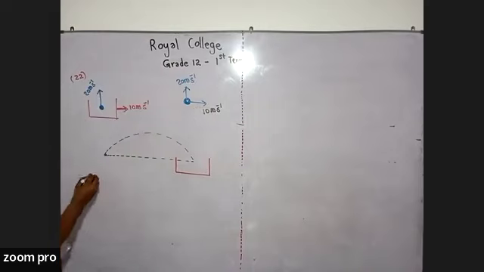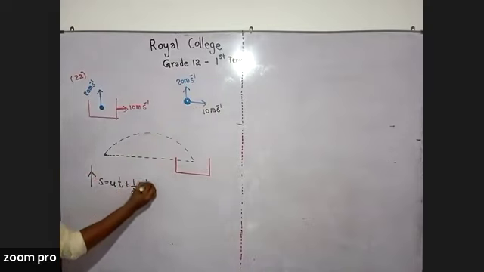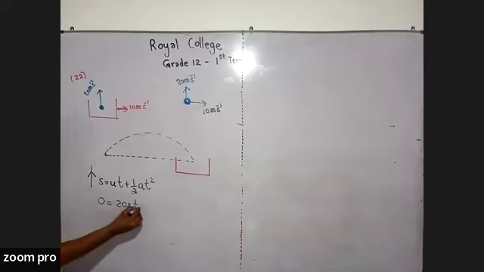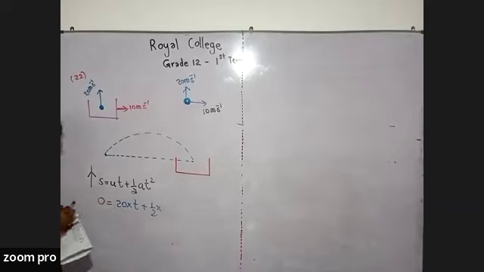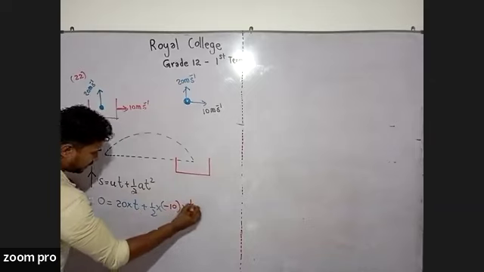So let's apply an equation by considering the initial motion. Now this ball returns to the initial level, so the vertical displacement is equal to 0. That means 20t plus half a should be substituted as minus 10 and t squared.